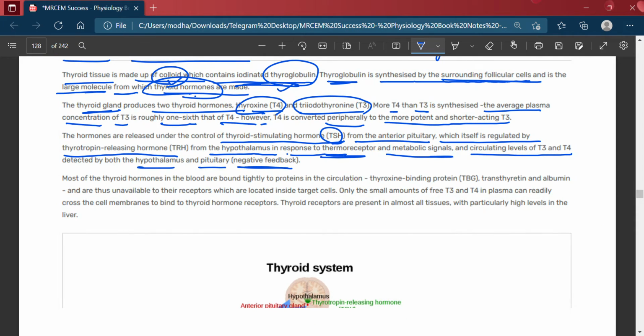Most of the thyroid hormone in the blood is bound tightly to proteins in circulation: thyroxine binding globulin (TBG), transthyretin, and albumin.